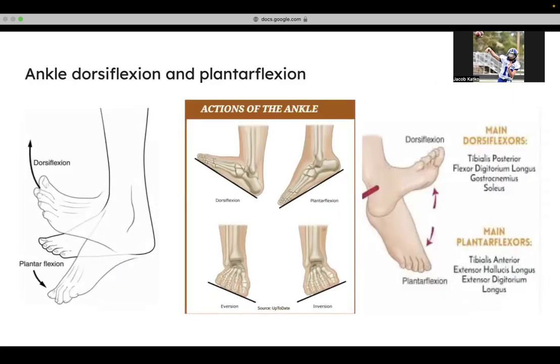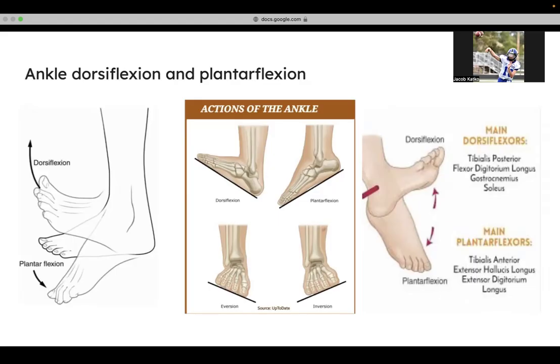So looking at ankle dorsiflexion and plantar flexion. Dorsiflexion is toes to the sky, and plantar flexion is toes to the ground. Just some images. Inversion would be the ankle moving inward, and eversion would be the ankle moving outward.